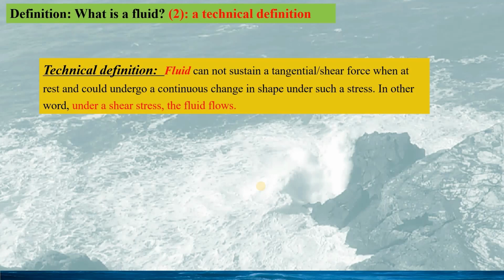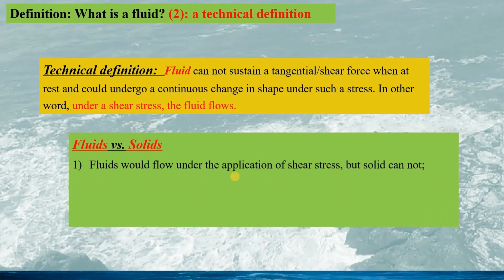A more accurate definition would be this technical definition: fluid cannot sustain a tangential or shear force when at rest, and could undergo a continuous change in shape under such a stress. In other words, under shear stress, the fluid flows. Based on this definition, we can compare the fluid and the solid.